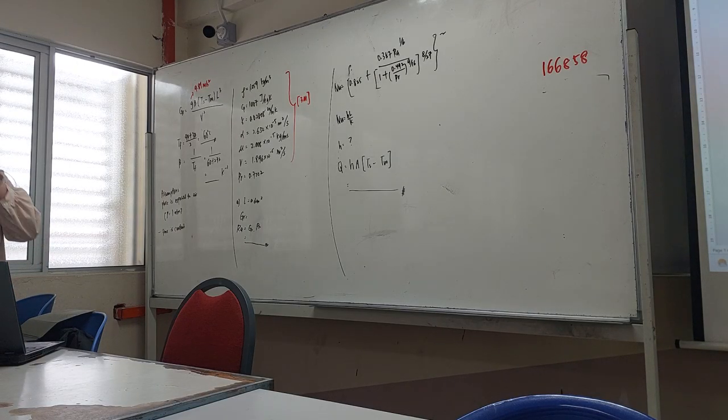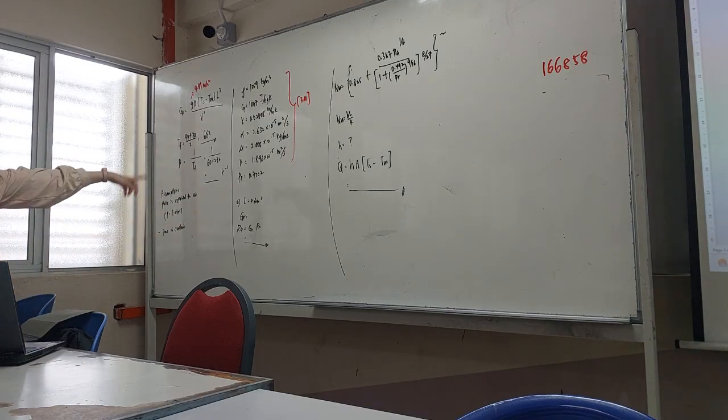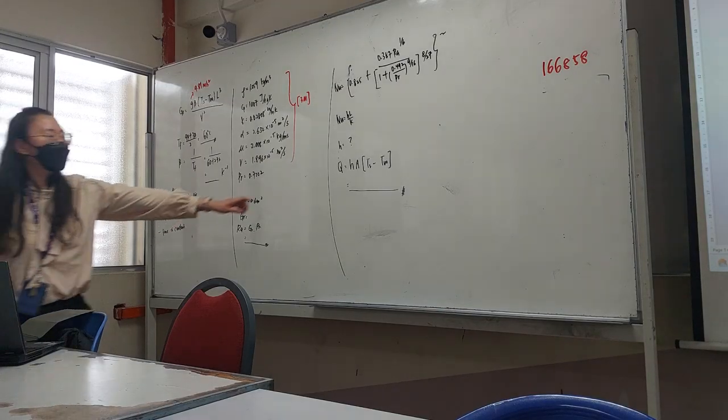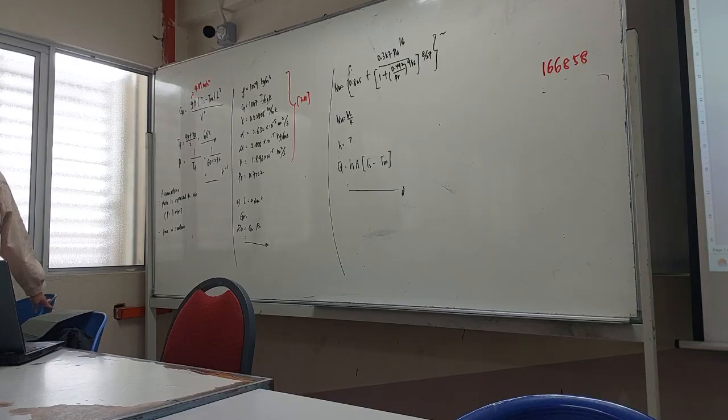In these cases, where the h value is unknown, normally it refers to this topic. You need to calculate the Nusselt number, the Grashof number, the Prandtl number and so on. If the h value is given, you directly apply these equations. It's the easiest question. If the question does not give you any h value, meaning you need to find the h value, you need to check back your Grashof number, Rayleigh number, and so on.